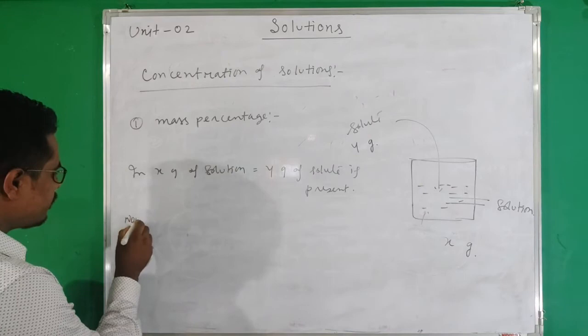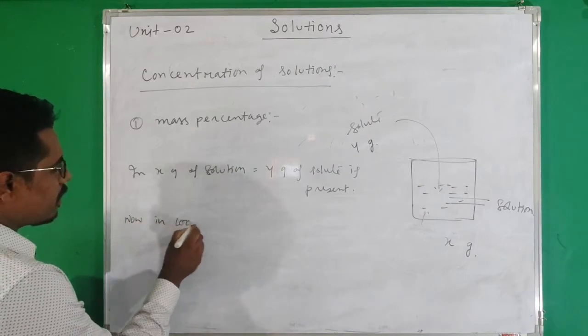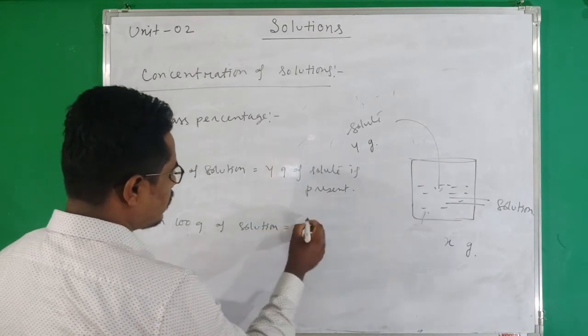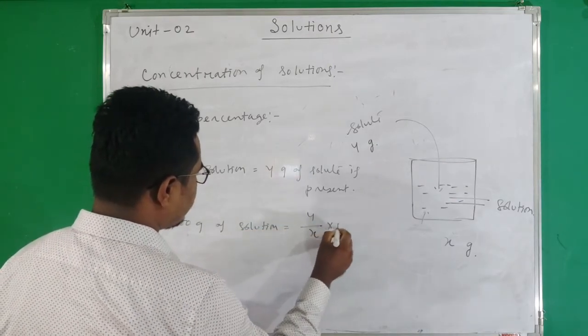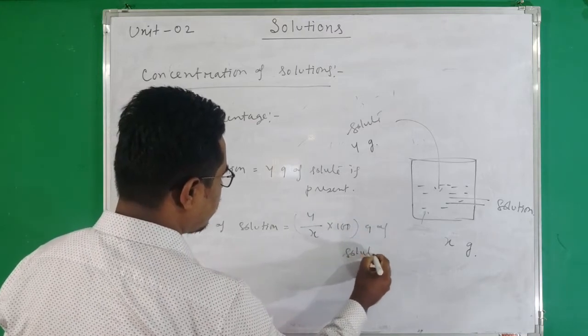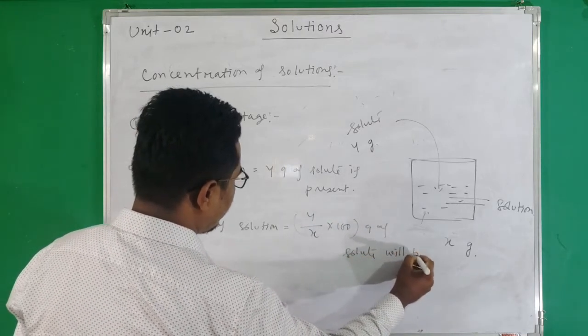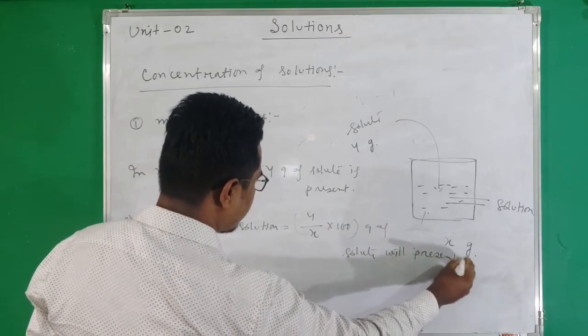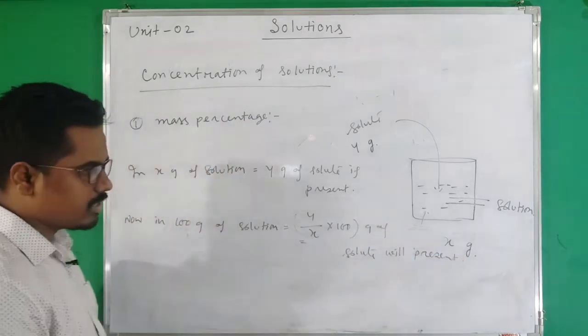Now in 100 gram of solution, y by x into 100 gram of solute will be present. This is known as mass percentage.